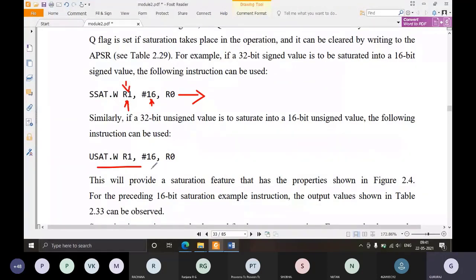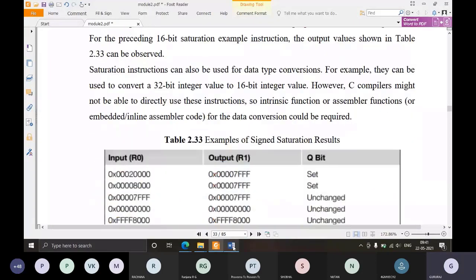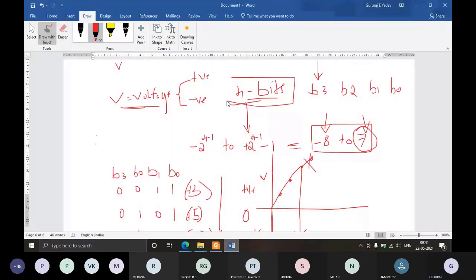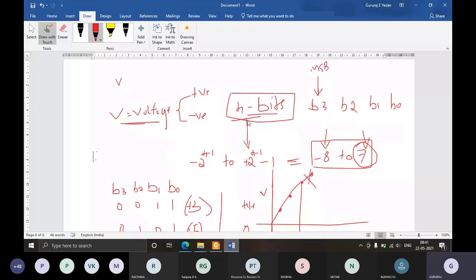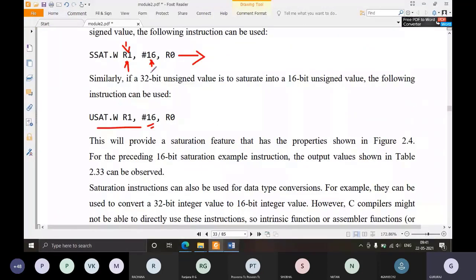Similarly for unsigned saturation. So in this example we are trying to saturate the values to 4 bits. And here in this instruction, we are trying to saturate the values to 16 bits.